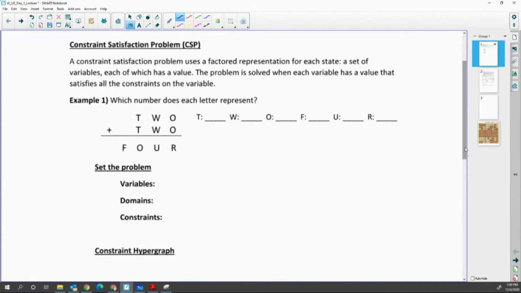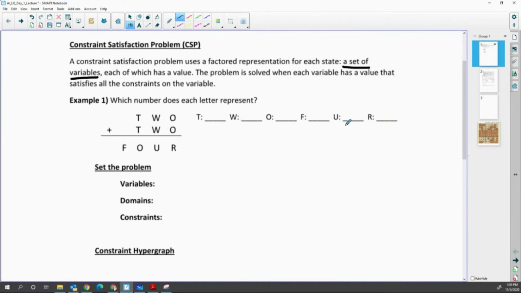To solve constraint satisfaction problems, we need to define the problem first by deciding a set of variables. We are going to solve for the variables, and when all the variables have one satisfied value, that means we are done with the problem solving.